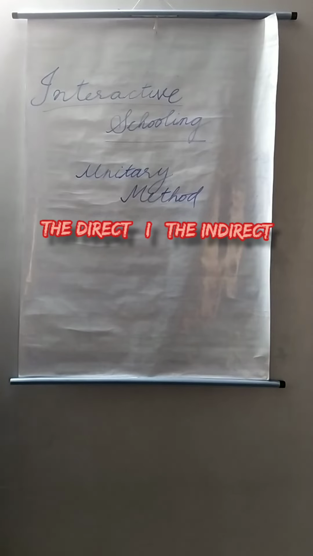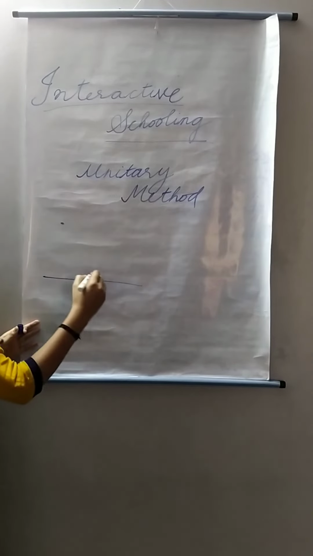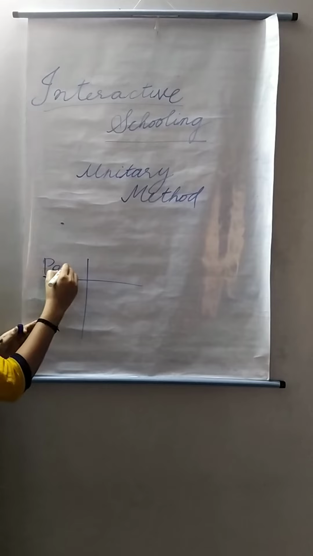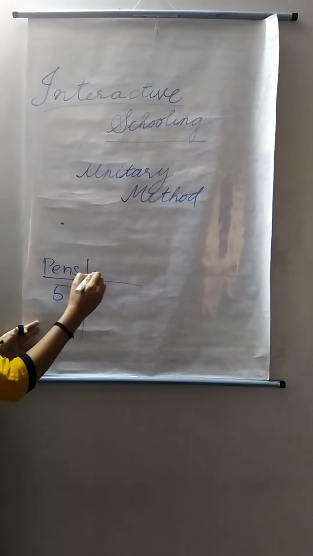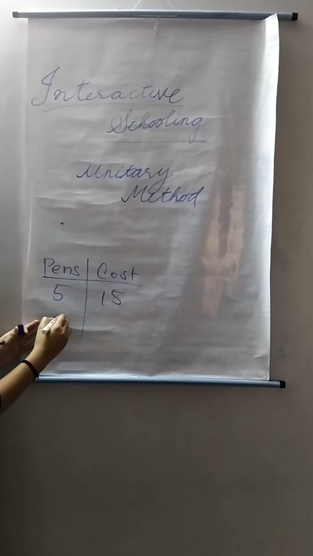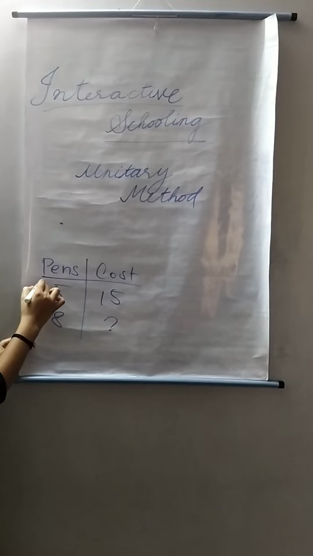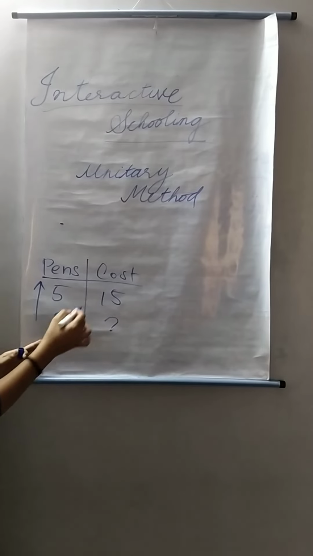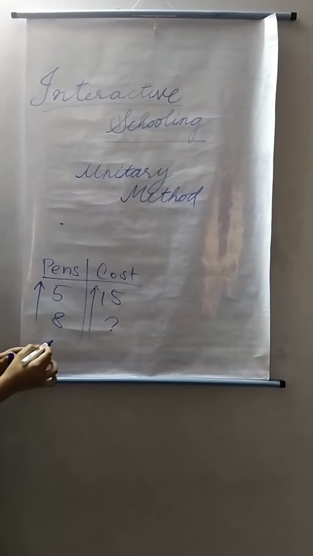The direct method is, let's say we have some pens, 5 pens, and its cost is rupees 15. So what's the cost of 8 pens? Here, when the number of pens increase, the cost will also increase.